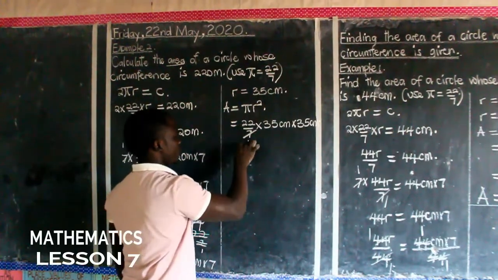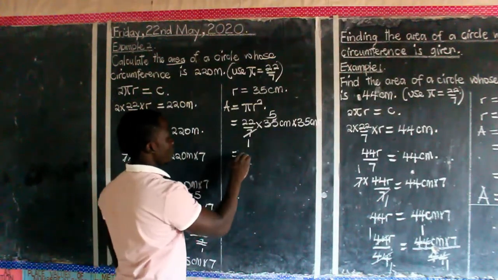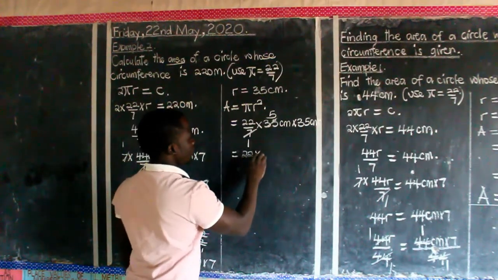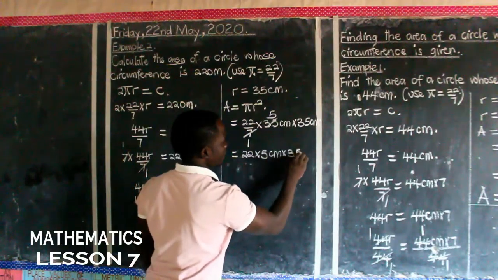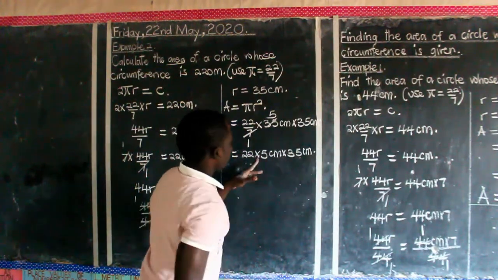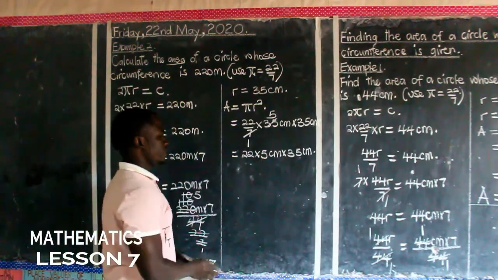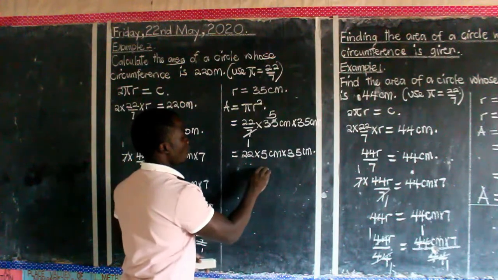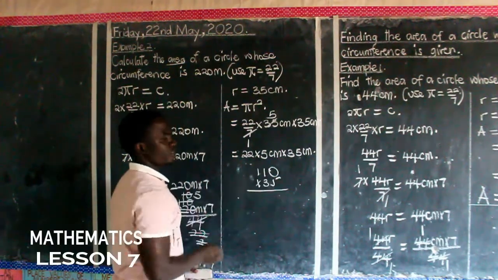By 7 once, by 7 you shall have 5, and this is now 22 times 5 centimeters times 35 centimeters. When we multiply 22 times 5, we get 110. So, 110 times 35, what do we get here?